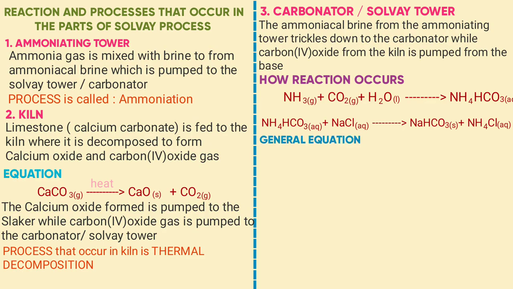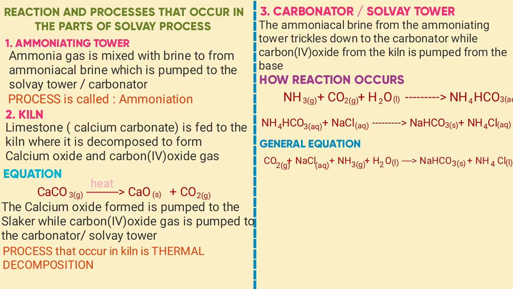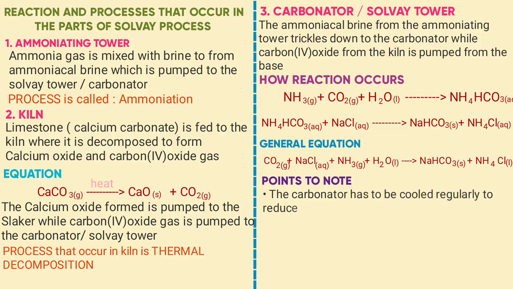Now, the general equation for the reaction is as follows: CO2(g) + NaCl(aq) + NH3(aq) + H2O(l) → NaHCO3(s) + NH4Cl(aq). Now, the carbonator has to be cooled regularly so as to reduce the amount of heat produced in it.